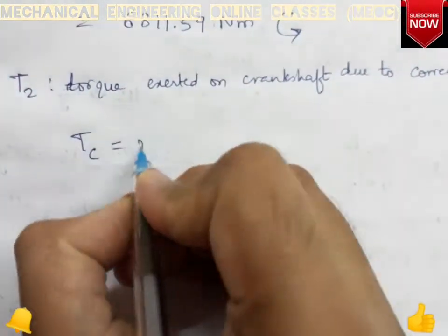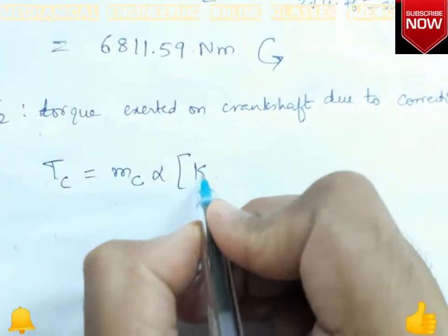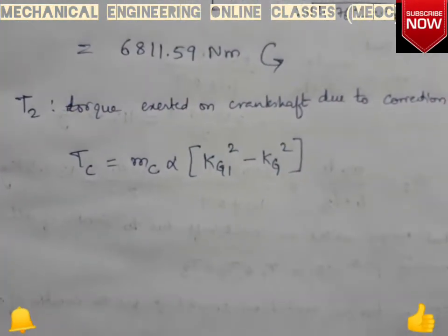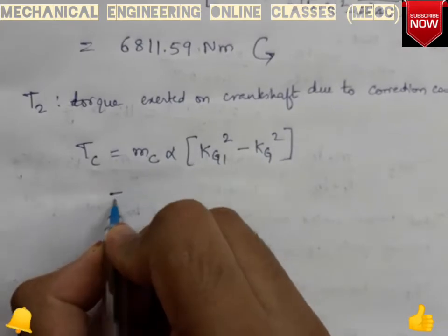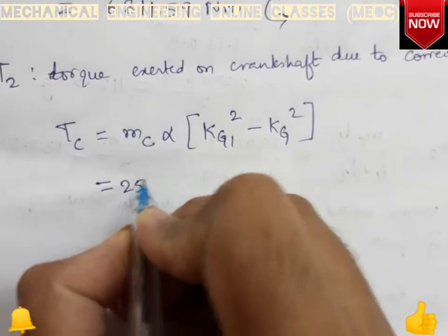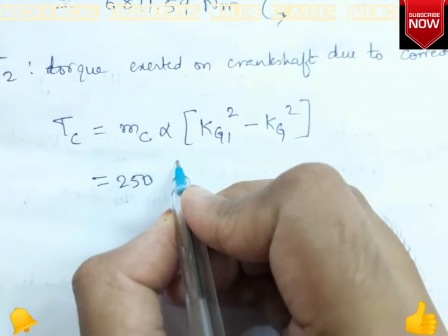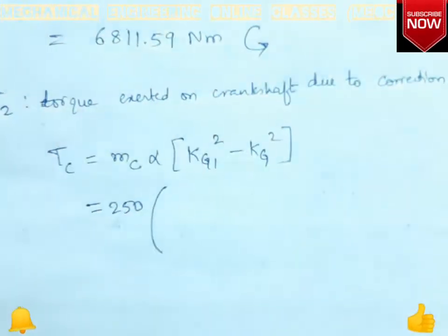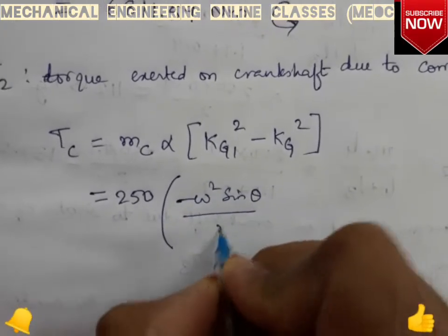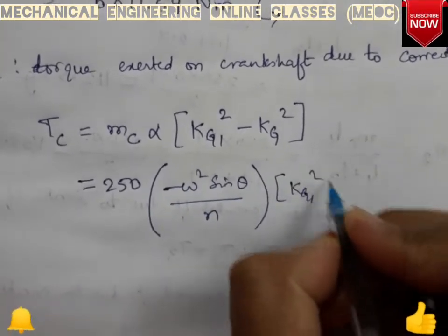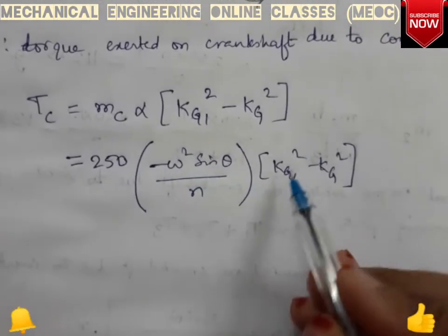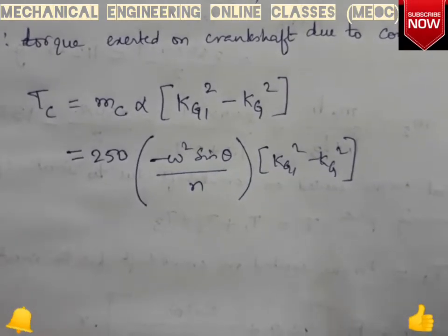We know that Tc is equal to mc alpha (kg1 square minus kg square). mc is given as 250 kg, and we know alpha is omega square sine theta by n, into (kg1 square minus kg square). So we know omega, theta and n, but we have to find this kg1 and kg.